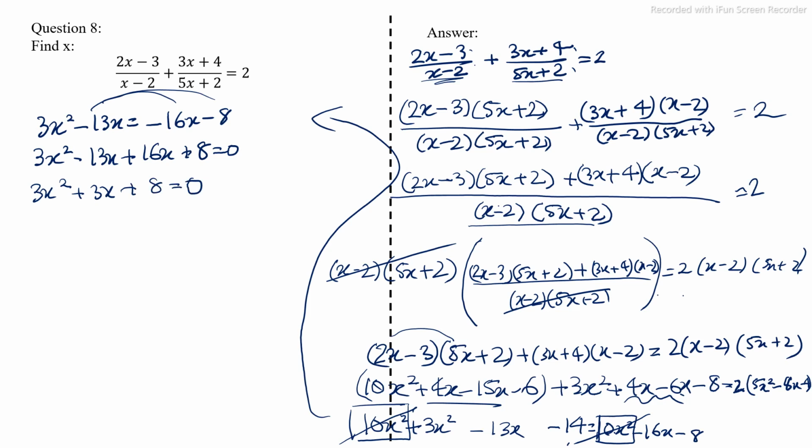Algebra is annoying, it's just annoying. We get 3 and we get 3 and we get... I'm just going to factorize this, or should I not factorize it? Oh guys, I just realized, can we find x? I'm pretty sure we cannot.